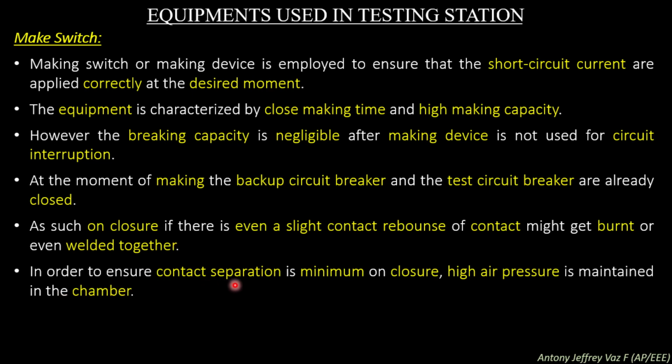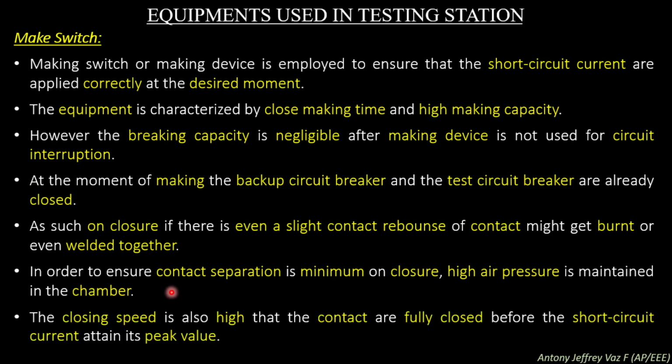In order to ensure minimum contact separation on closure, high air pressure is maintained in the chamber. So, while the make switch is operated, a very high pressure is created in the chamber. The closing speed is also high, so that the contacts are fully closed before the short circuit current attains its peak value.